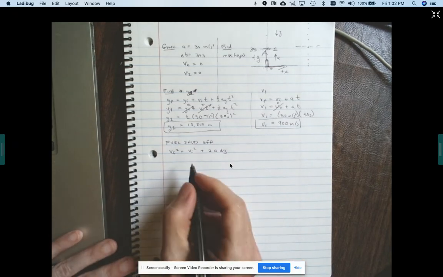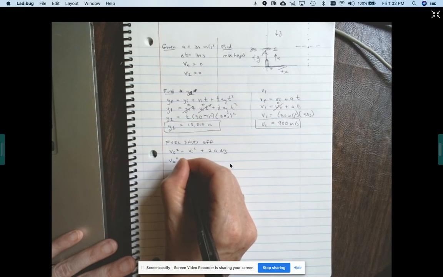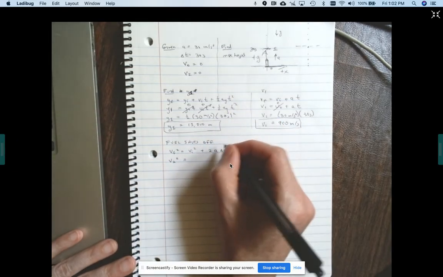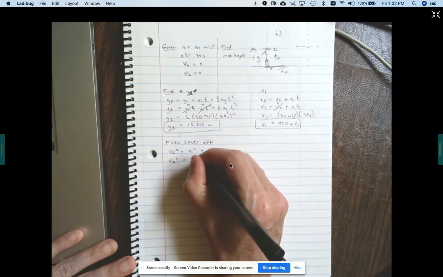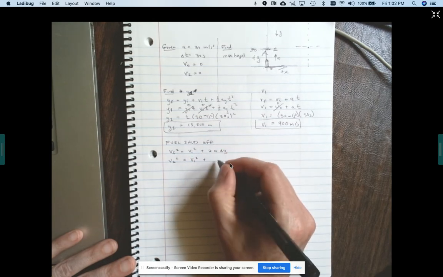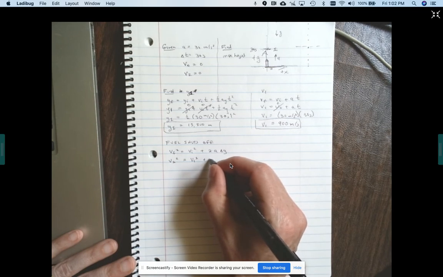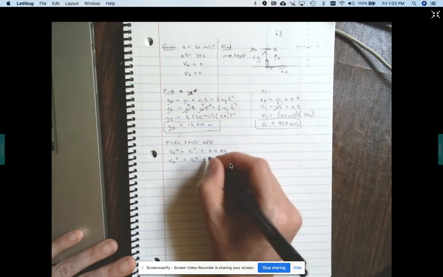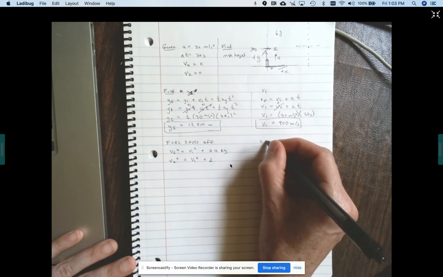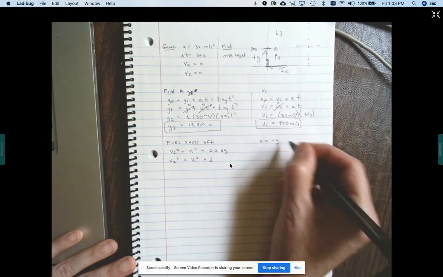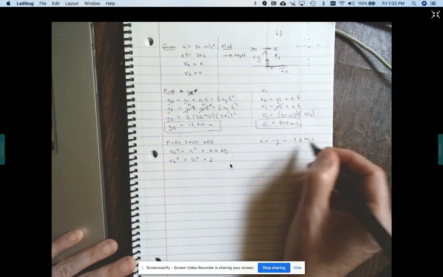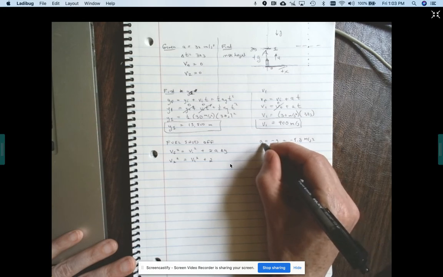So v final in this case is v2 squared, and my initial is the velocity v1. And now my acceleration is gravity. I'm going to put the negative sign in here, so I'm going to say my acceleration is negative g, which is negative 9.8. And this is from 1 to 2.